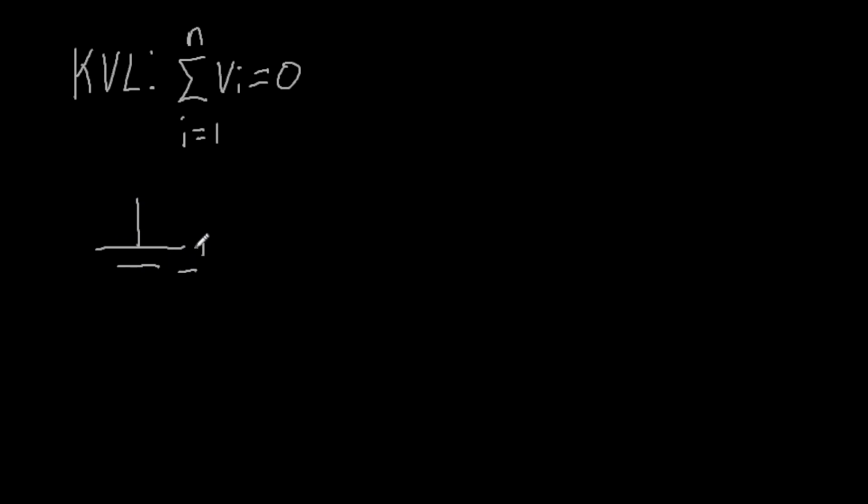This is a voltage source for a single cell battery. Now, while we use conventional current for circuit analysis, and it is very good for that, within a voltage source the current flows from a negative to positive potential.